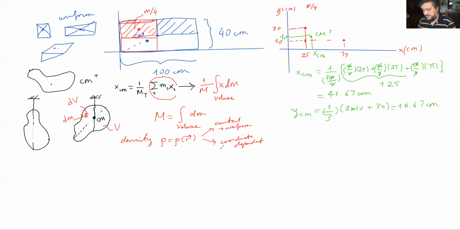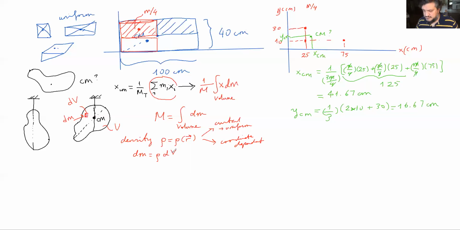Okay, it could be a pen, like an alloy. This part is gold, this part is lead. All right, so why do we need this? Because dm is rho times dV. That's why.